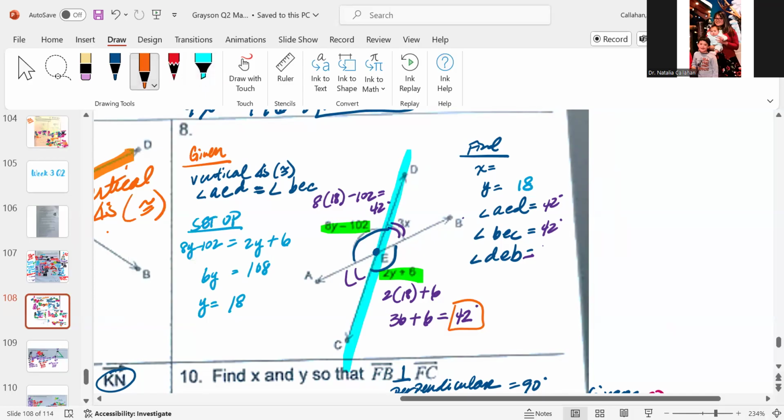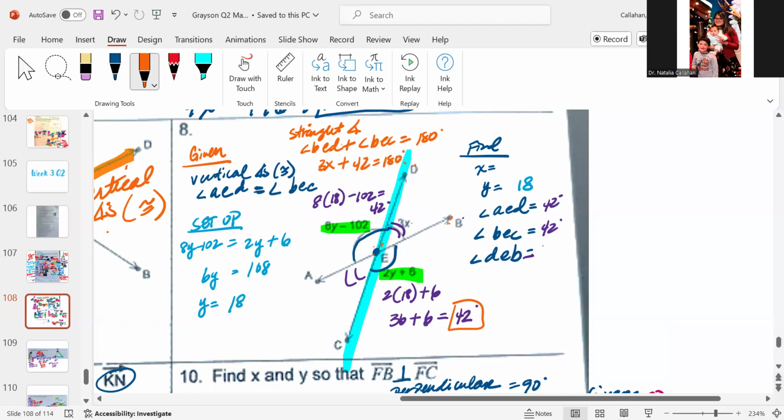And how you do this is you also know what's given is that straight angle, which is BED, plus angle BEC makes a straight angle. Do you see that? 180 degrees. BED is 3x. BEC, we just found, it's 42, right?